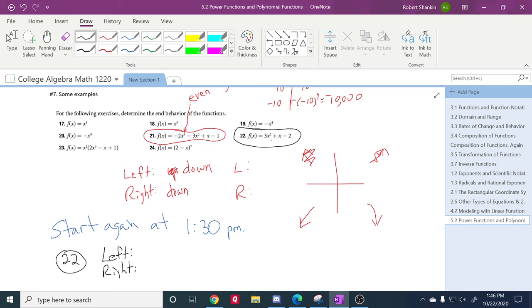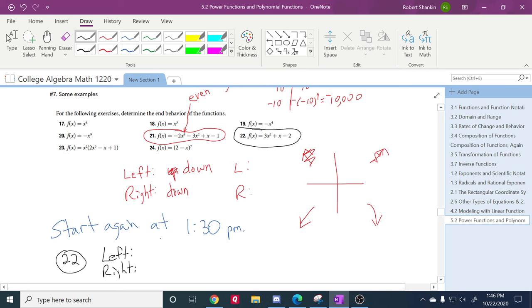Okay, group 5. What do you have for that one? What's happening at the far left? Anybody from group 5? All right, let's go to group 1. What do you have happening at the far left?